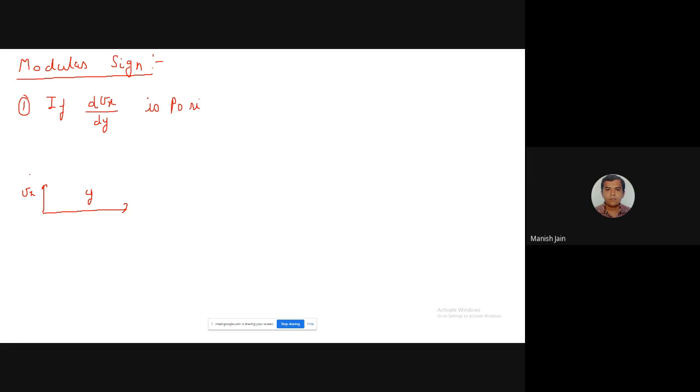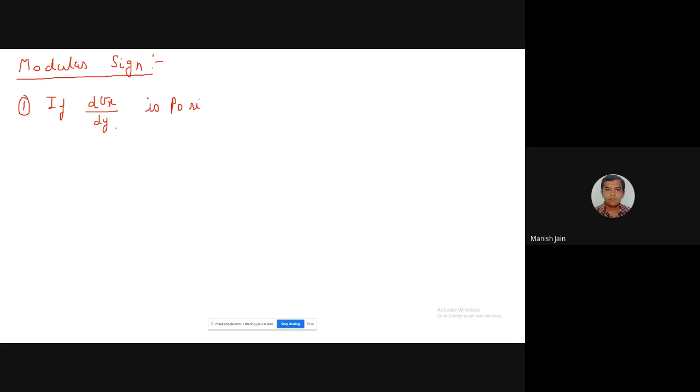If the velocity is increasing in the positive direction of y, then dvx by dy is positive. If the velocity is increasing in the opposite direction of y, then dvx by dy is negative. In this way you can predict whether dvx by dy is positive or negative, because it is a vector quantity.